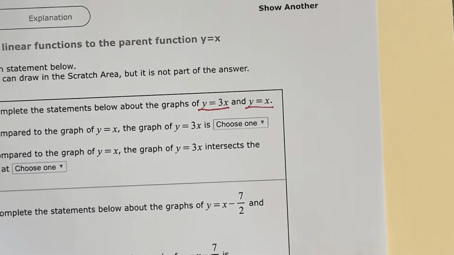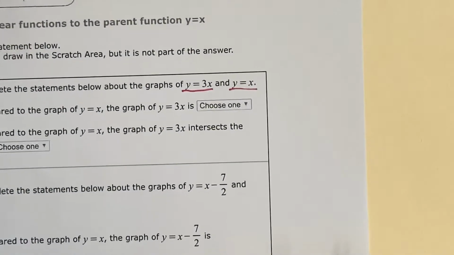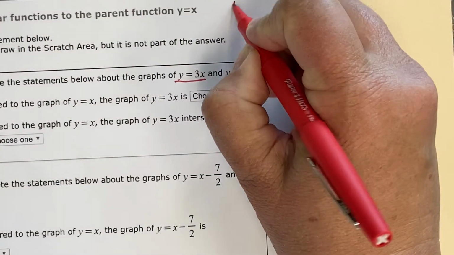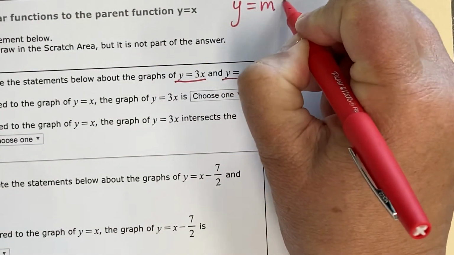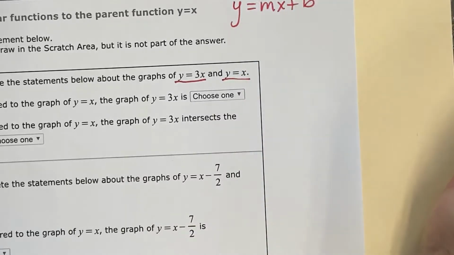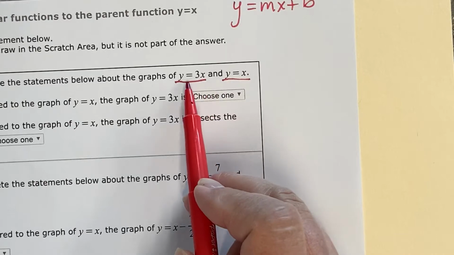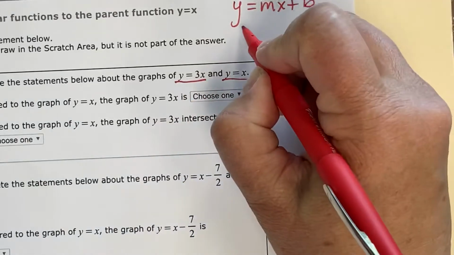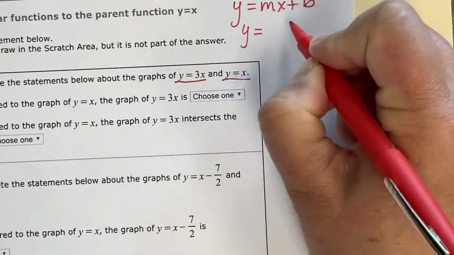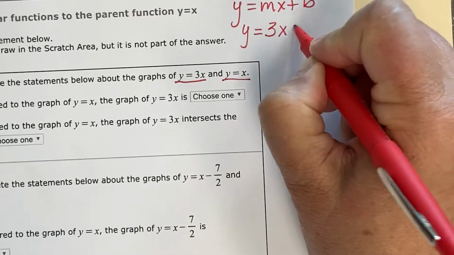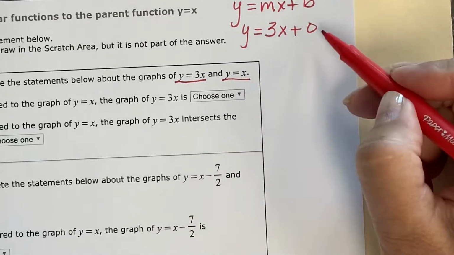Now remember, it's really y equals mx plus b. They're just leaving out the stuff that doesn't change the equation. So this one right here is really y equals a slope of up 3 over 1 x plus 0.